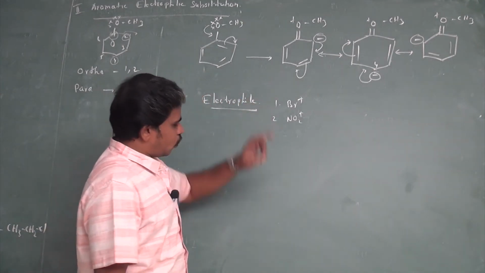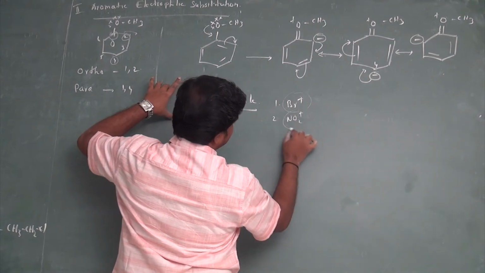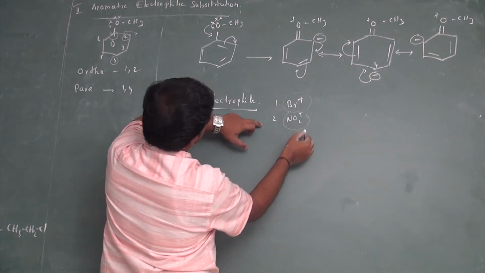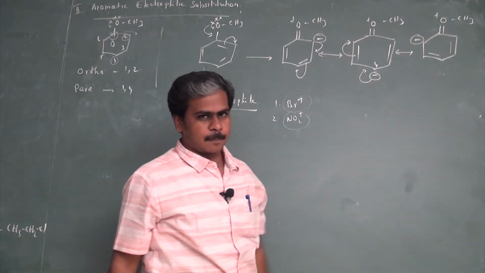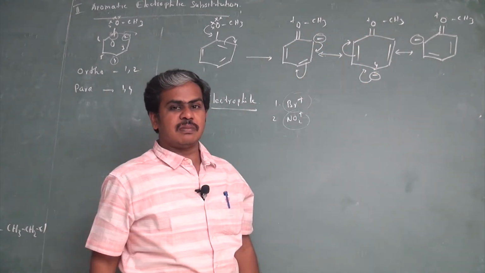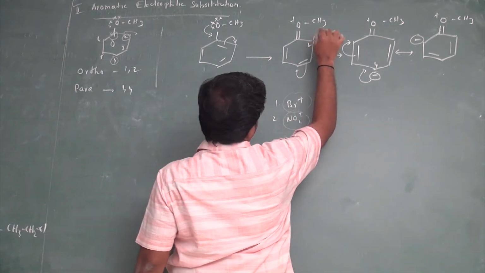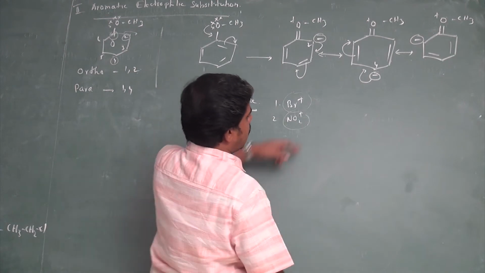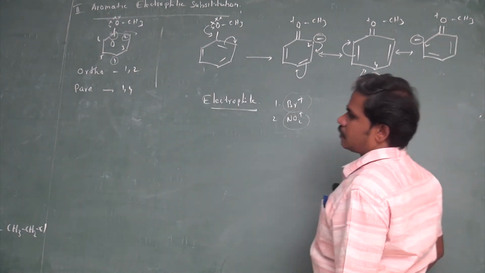These are all electrophiles, and this is a positive species. So the positive species may attack the negative charge on the benzene ring. So where will the negative charge be created on the benzene ring? The negative charge will be created on the second position and also the fourth position, and it is nothing but a second position.